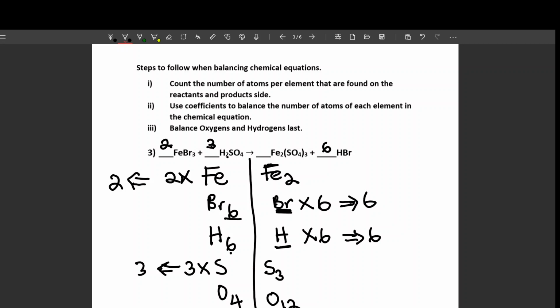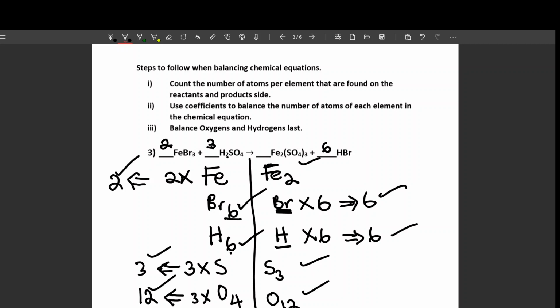Instead of having 4 oxygens, I now have 3 times 4, which is 12 oxygens. Okay, let's see. This looks balanced, right? We have 2 irons, 6 bromines, 1 hydrogen, 3 sulfurs, 12 oxygens.